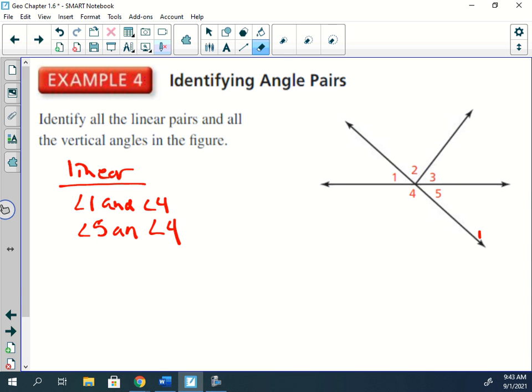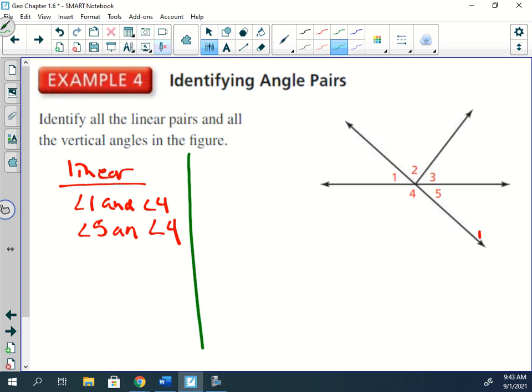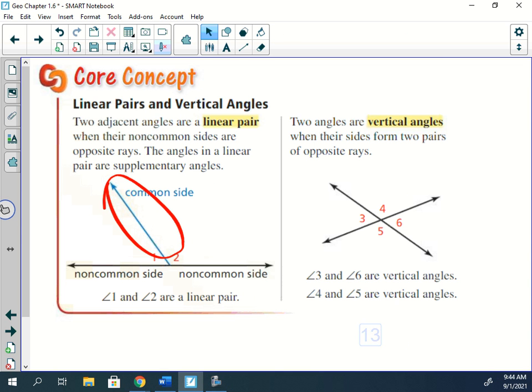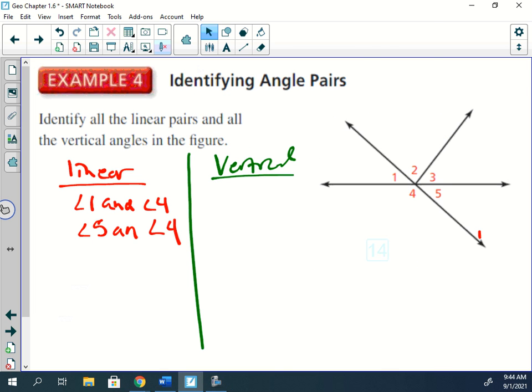Okay, so let's look at vertical angles, because those are the only two linear pairs. Let's look back at the definition. Two angles are vertical angles when their sides form two pairs of opposite rays. So 1 and what? Angle 1 has these two sides here, yes?